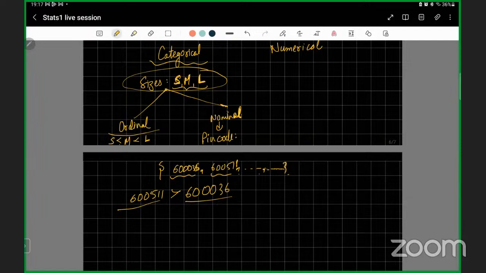That is why it comes under the ordinal scale of measurement, because it makes sense here to say that large is bigger than medium. That is true. So the order matters here, and that's why we put such kind of categorical variable into the ordinal scale of measurement.